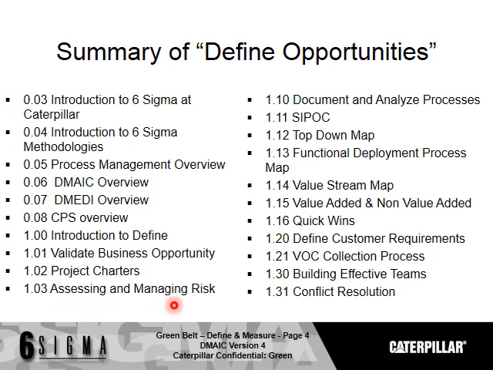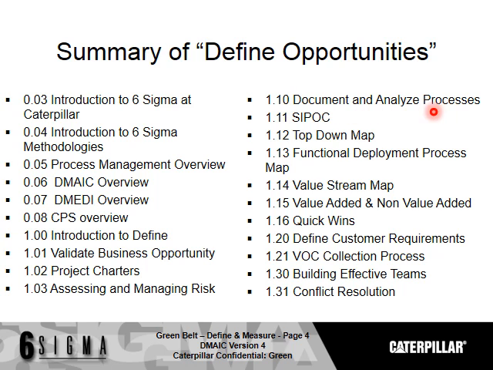Assessing and managing risk. Relevant to say, all continuous improvement projects bring change about in the environment at the moment. So whenever there's a change involved, there is a risk involved with the change. So how do we assess and manage that part of it? It's also an essential part of a Six Sigma project.